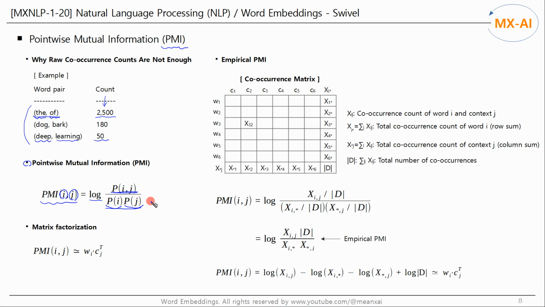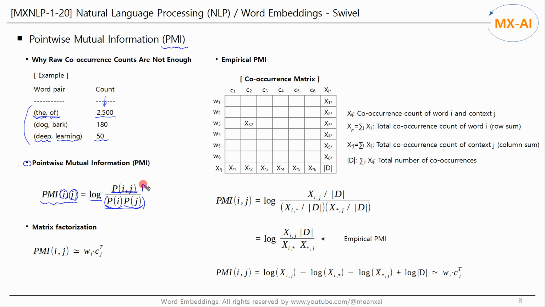Let's assume that the two words are completely independent. In that case, the probability of seeing them together should simply be the product of their individual probabilities. That product represents the expected probability of co-occurrence under independence.